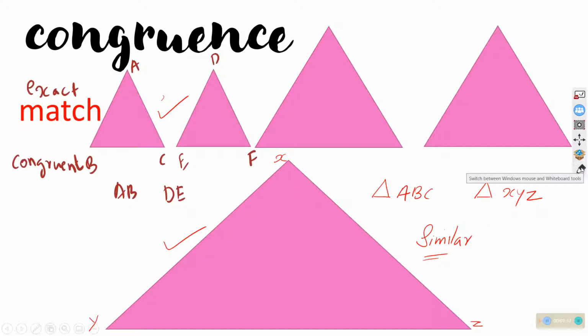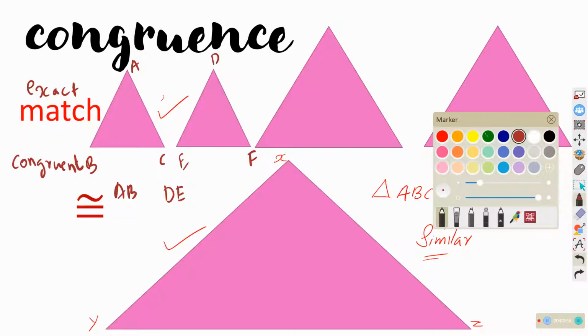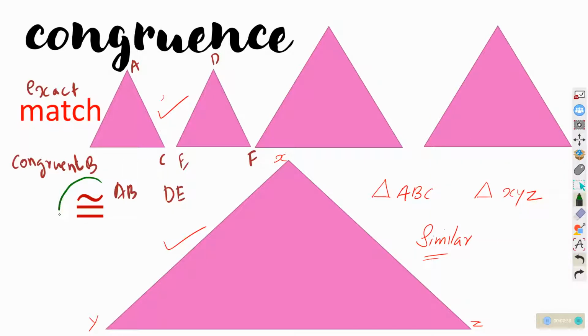Congruency is a concept that they will be exactly alike in all respects. This particular symbol which just appeared here, I don't know how many of you noticed it. I will change the color and show you. This is the symbol used for representing congruency.